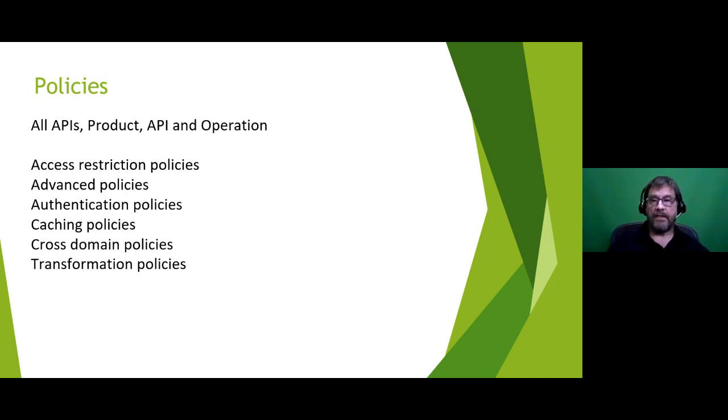And you can also look at the claims inside of the token. If certain of your operations are only admin operations, you could open up the token, make sure that token has that person as an administrator, and then block access to that particular API if they're not. We've got our caching, and then we have transformation policies.